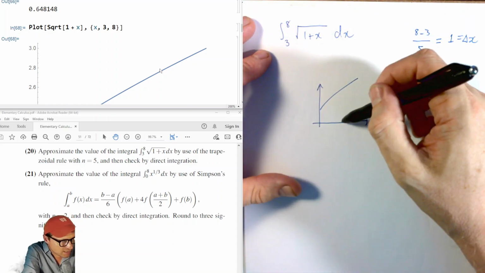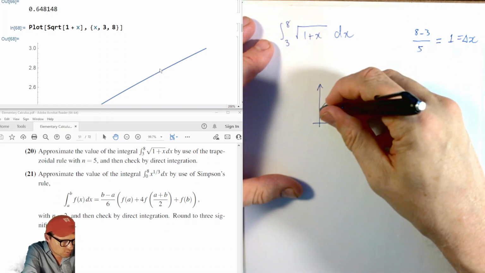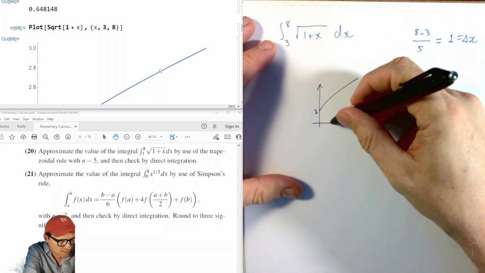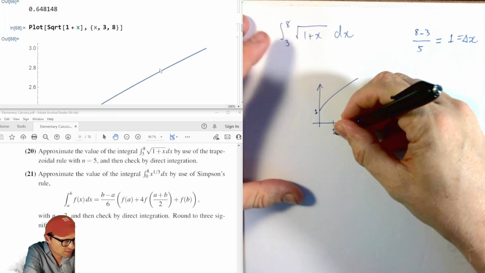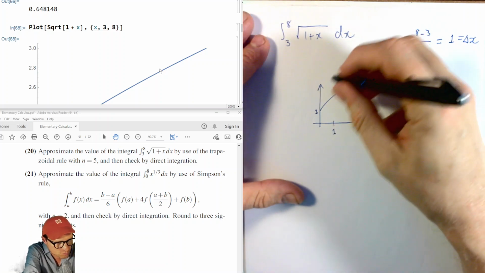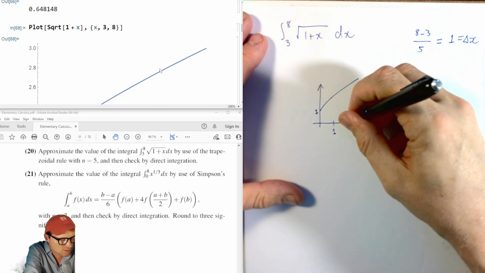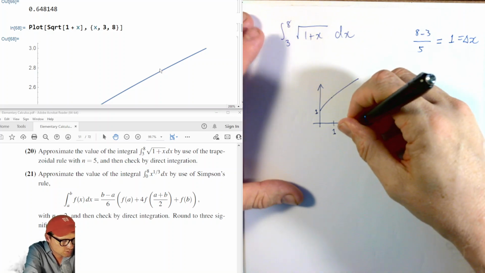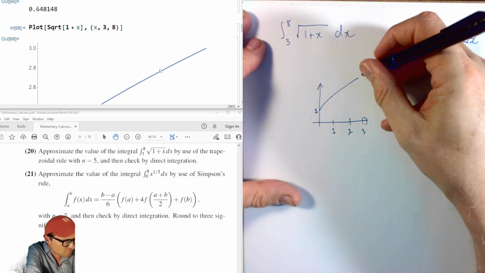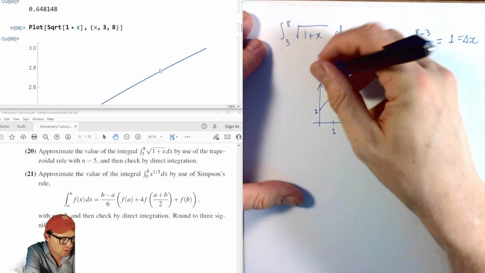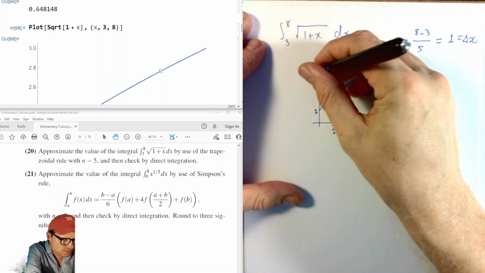So when x is 0, we have 1. When x is 1, we have the square root of 2, which is 1.4 or so. When x is 2, we have root 3. When x is 3, we have the square root of 4, which is 2.